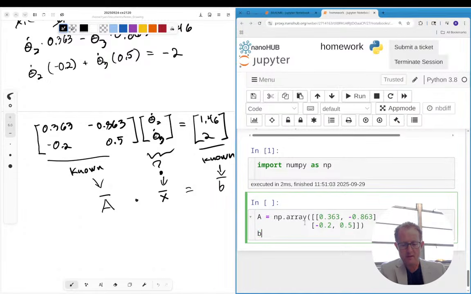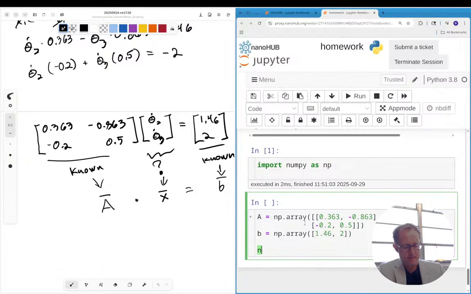My B is also an array, but it's only one dimensional, 1.46 and 2. np.linalg.solve of A, I don't know why it's giving me AA.